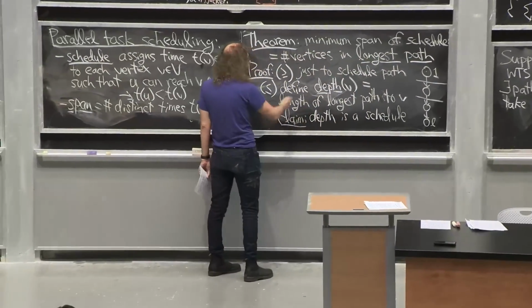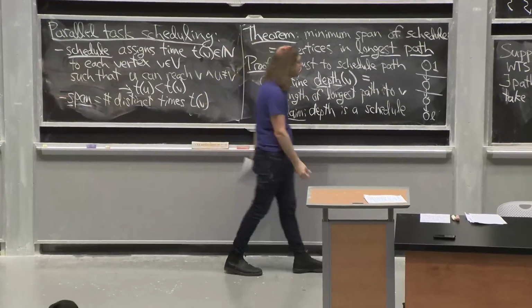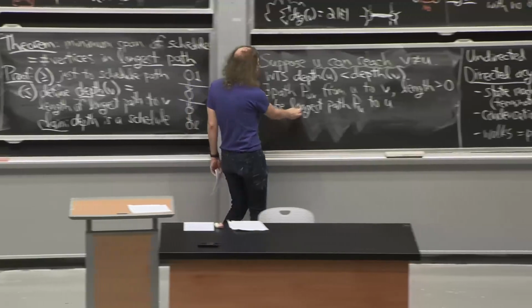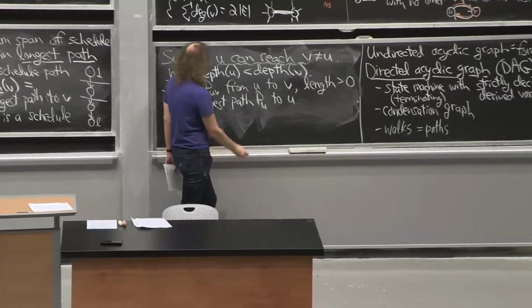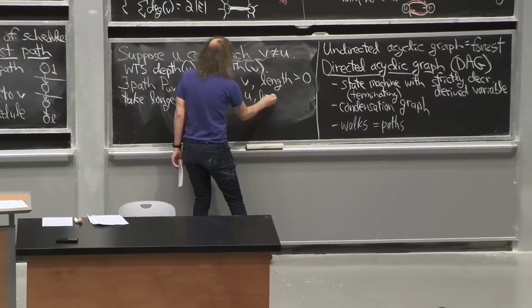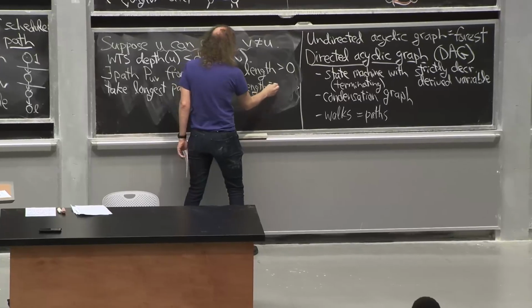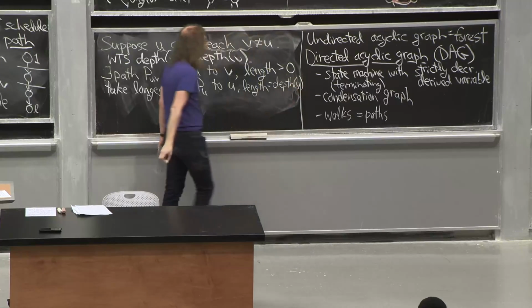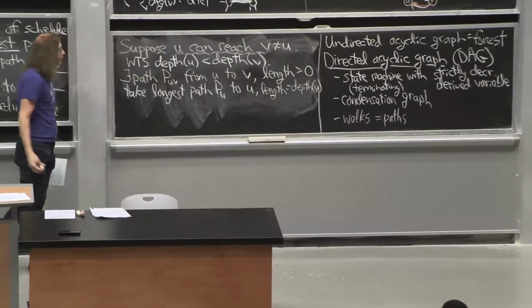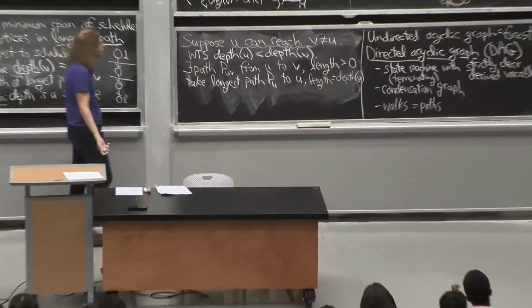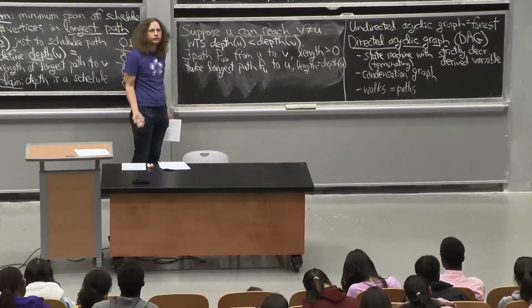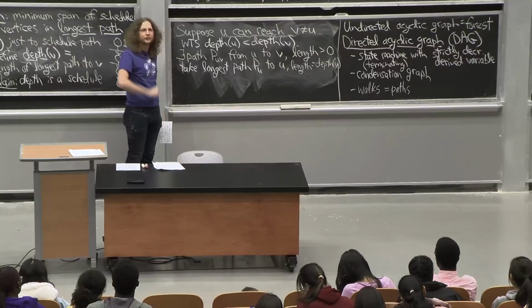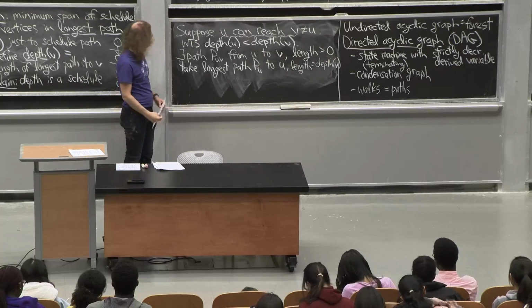Depth is the length of the longest path that ends at that vertex. So let's just take that longest path. This one has length exactly depth of u. That's the definition of depth. It might be 0. Maybe if u is a source, the longest path that ends at u is just the path that starts at u and doesn't do anything. But there is this path.